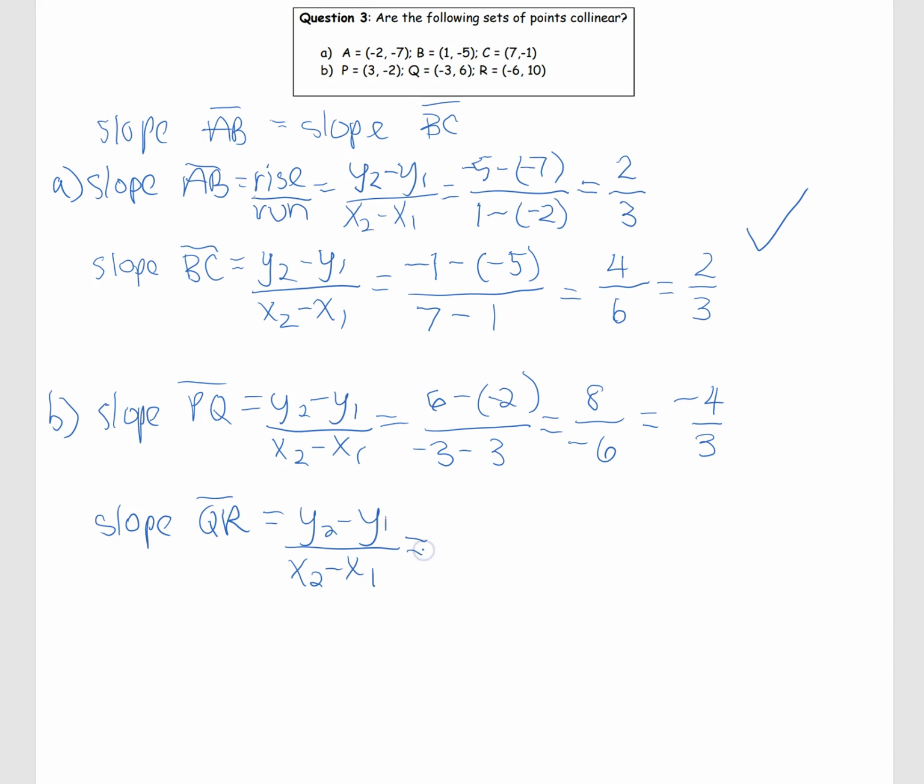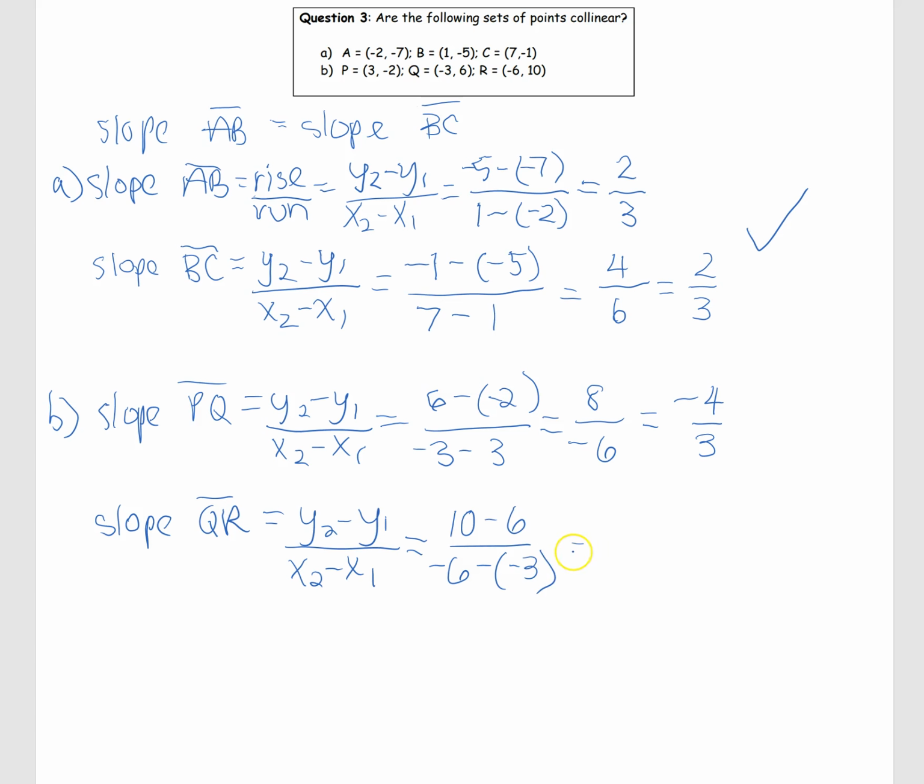In this case, my x2 and y2 refer to point R, and my x1 and y1 refer to point Q. So y2 is 10, minus y1 is -6, over x2 is -6, and I'm subtracting x1, just minus a -3.